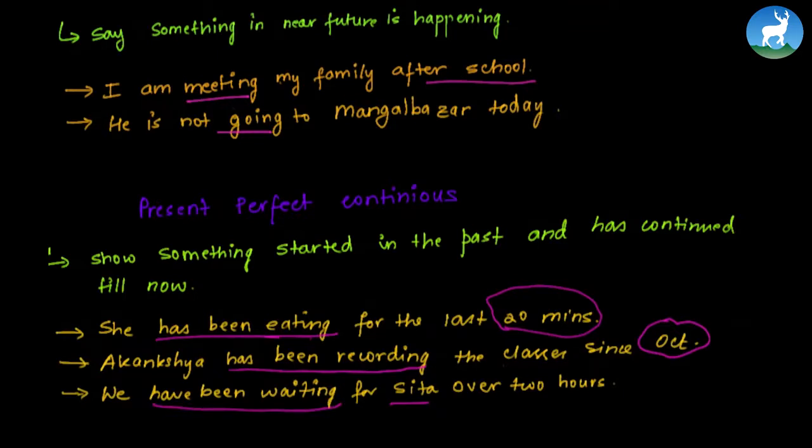We can also use the present perfect continuous tense without stating durations. Notice that we stated the duration, 20 minutes, since October, or over 2 years, but we can avoid that. We can use the present perfect continuous tense without mentioning the time durations, by just saying, I am sleepy.